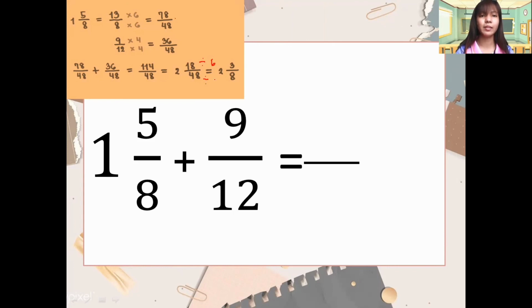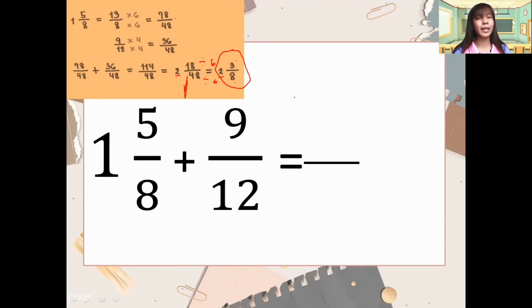So 48 divided by 6 is 8. Again, copy the whole number 2. Then 18 divided by 6, 3. 48 divided by 6, 8. Okay, so this is our final answer, not this one.